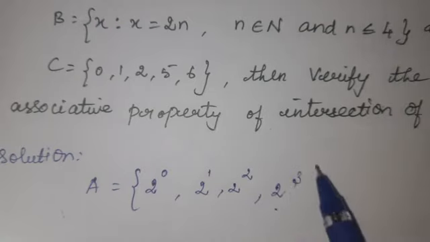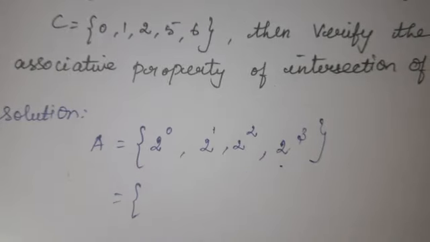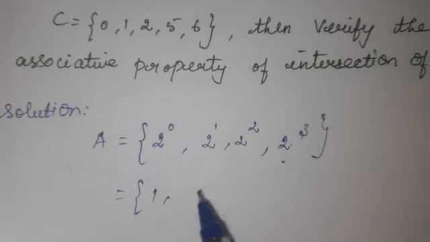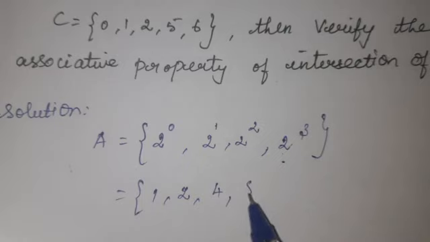Simplify: 2 power 0 is 1, 2 power 1 is 2, 2 power 2 is 2 into 2 is 4, 2 multiplied 3 times gives 8. Therefore, this is the A set.